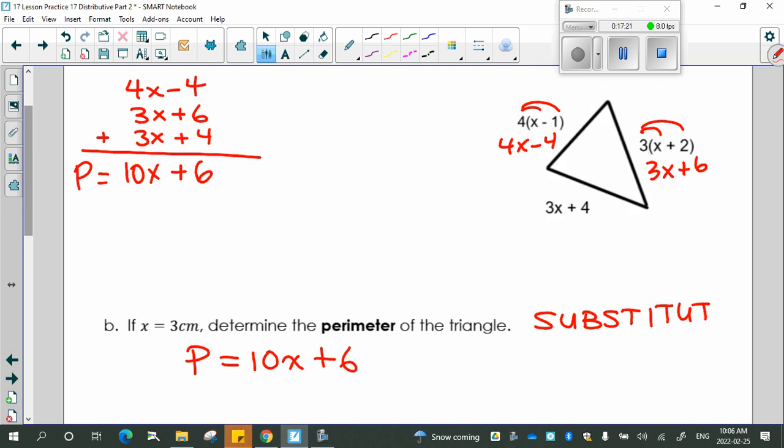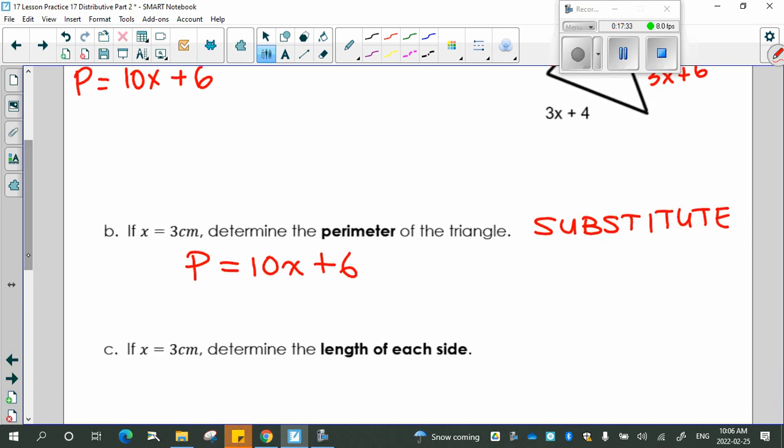Substitute. I think that's right. All right. So if we substitute, we use brackets. So 10, replace the x with 3, plus 6.